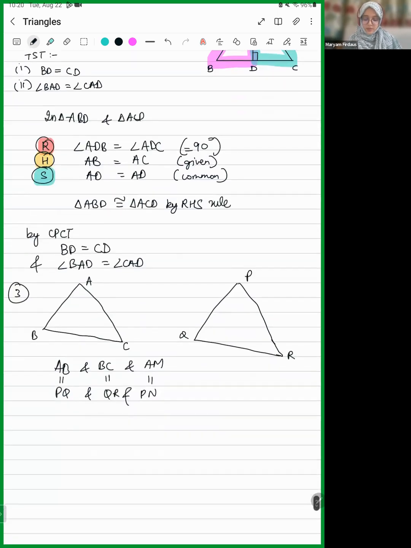So let's write it over here. AB is equal to PQ, BC is equal to QR, and AM. Now what is AM? AM is the median of ABC. What is median, Abdul Jabbar?